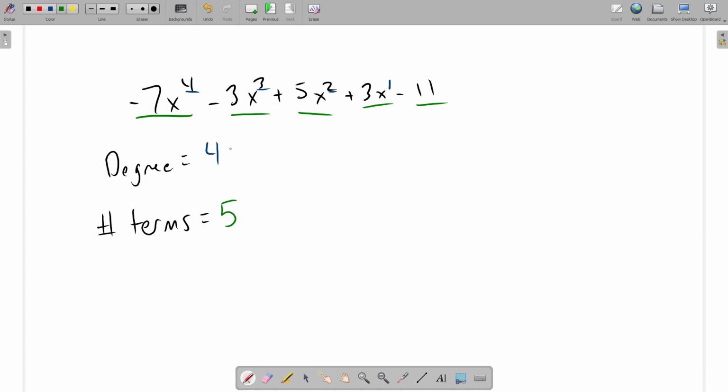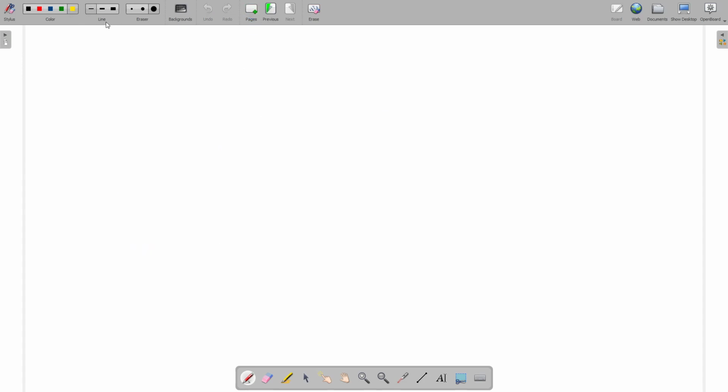There are two ways to classify a polynomial. One of them is going to be based on the degree, and one of them is going to be based on the number of terms. So what I like to do is make a little chart.